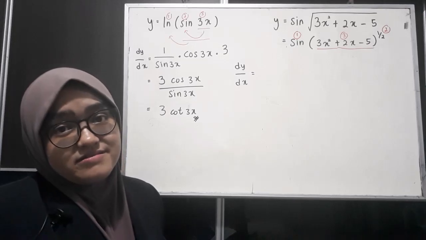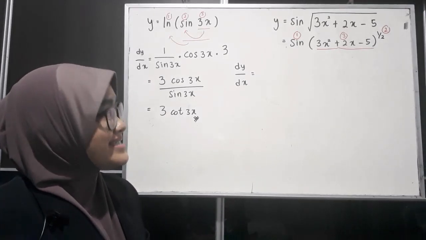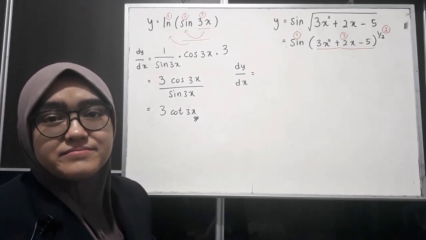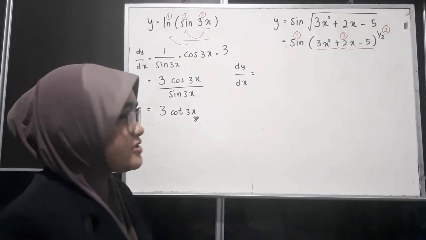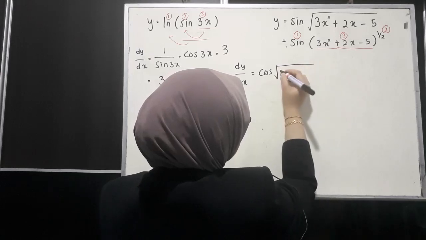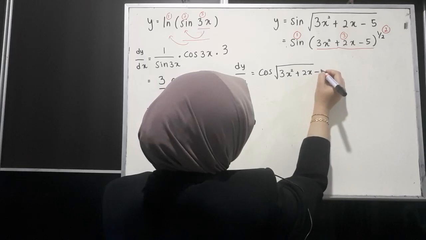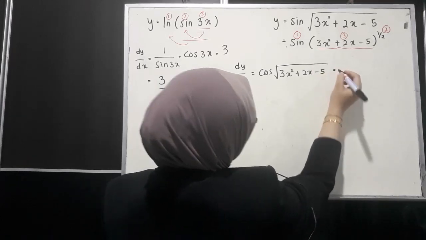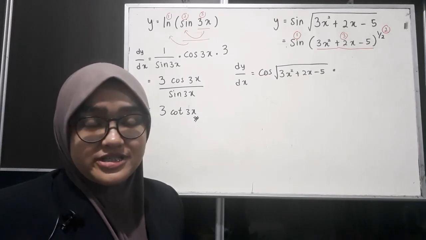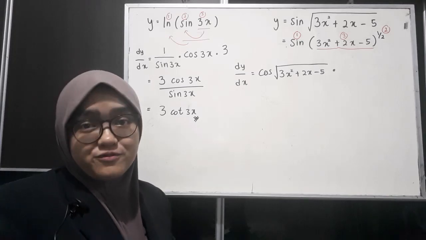Differentiate sin x is cos x. Now, we differentiate sine square root of 3x squared plus 2x minus 5, and then multiply with the second differentiation, which we will differentiate the power of 1 over 2.